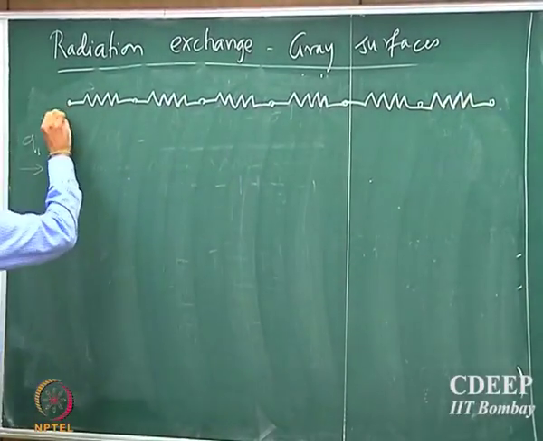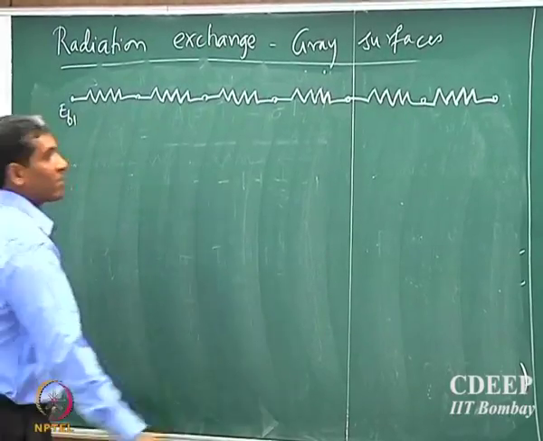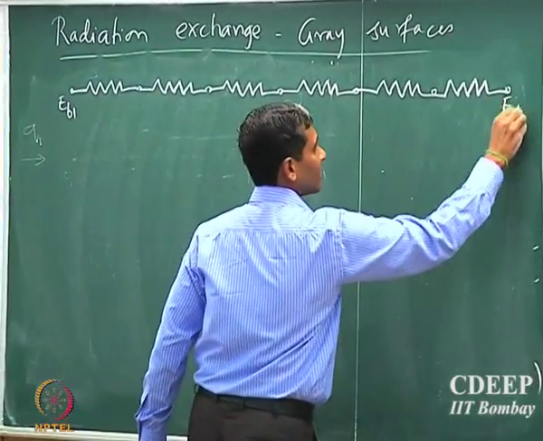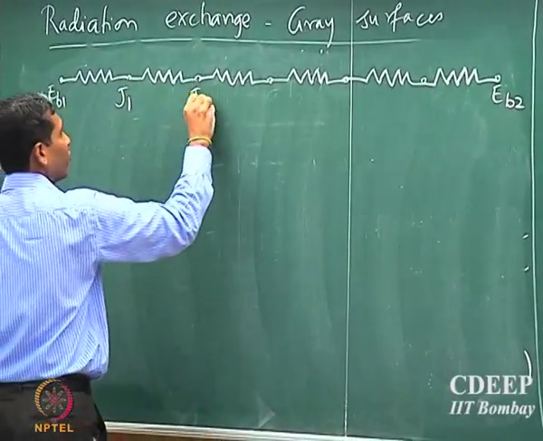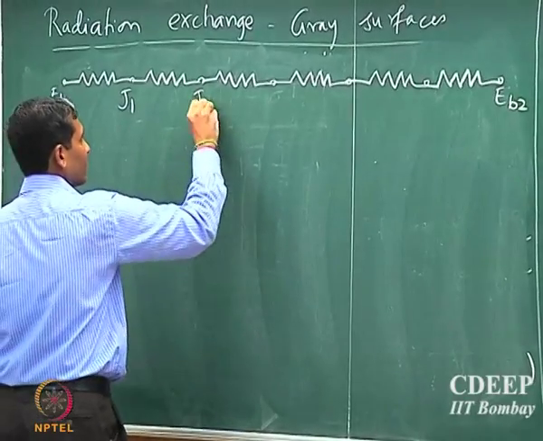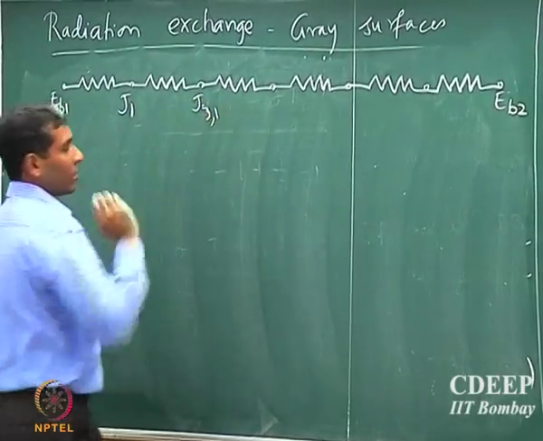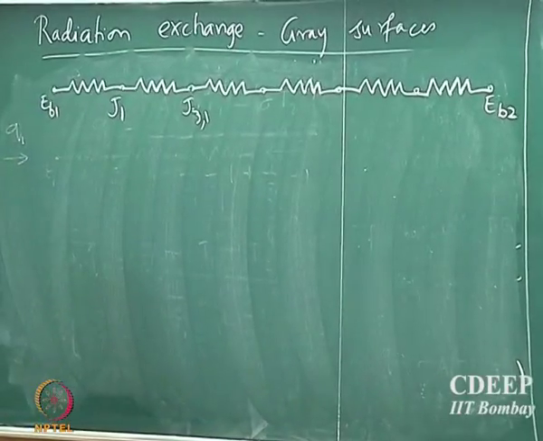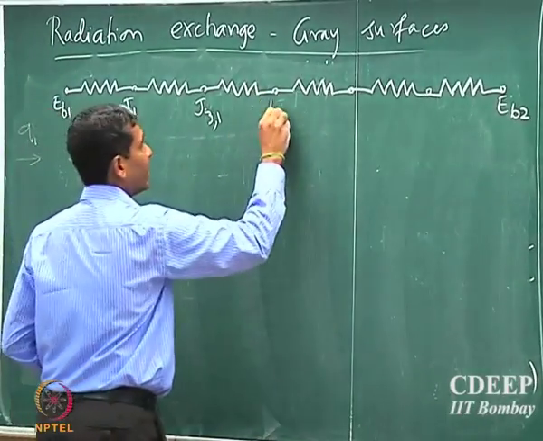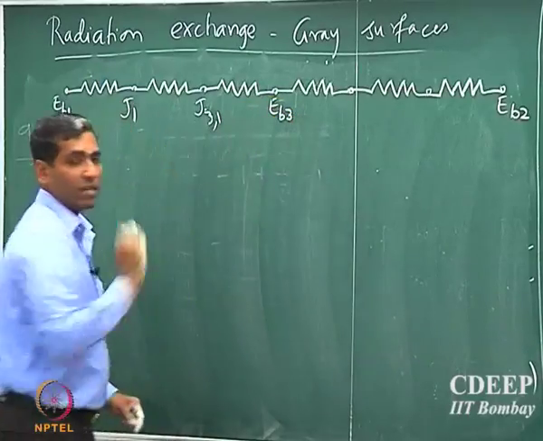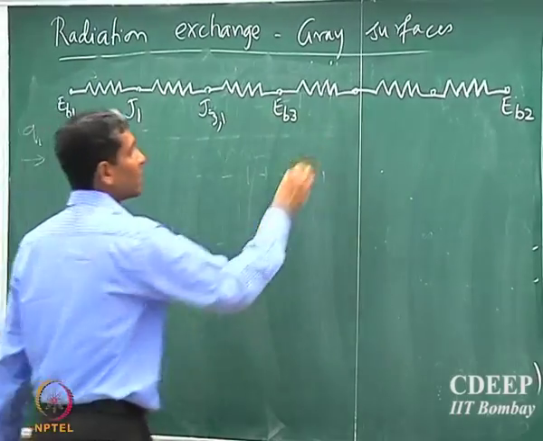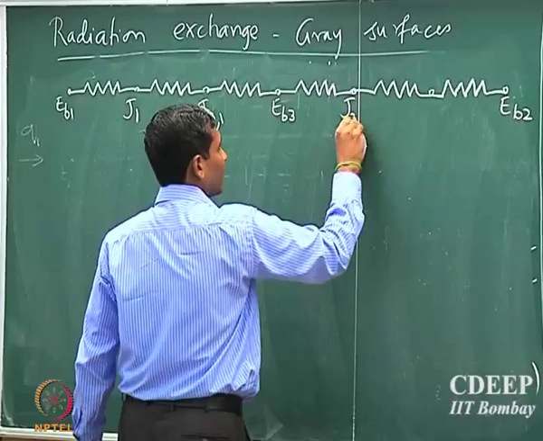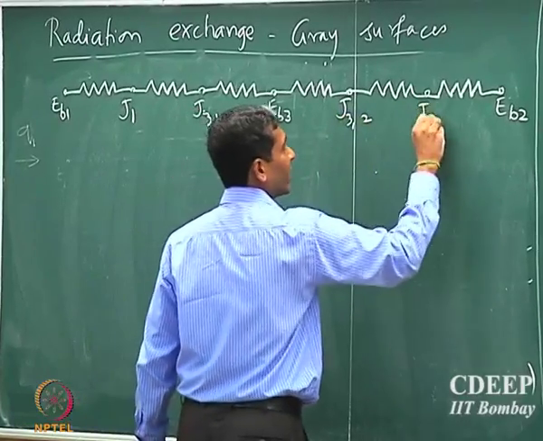So, this is EB1 and this is EB2. This is J1, J2, J31, that is on the side which is facing surface 1, and this will be EB3, the corresponding blackbody radiation for the third surface, and this is J32 and this is J2.